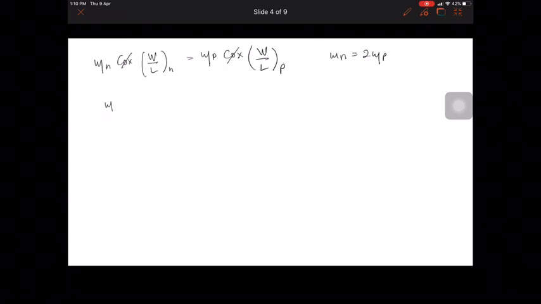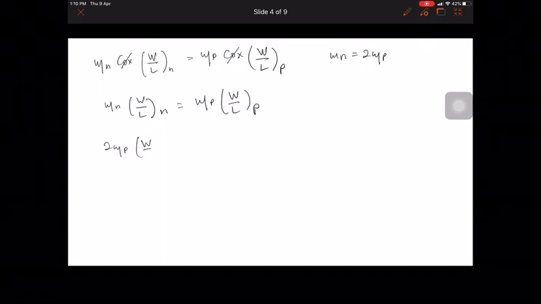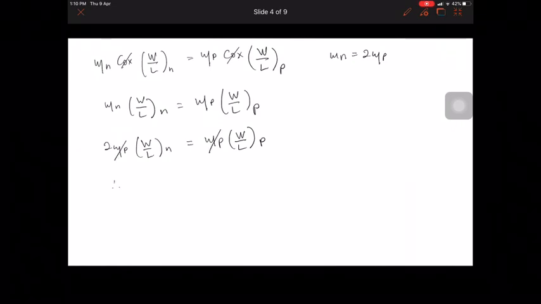We are left with mu n W over L n equals mu P W over L P. Now we can substitute mu n equals 2 mu P. So 2 mu P W over L n equals mu P W over L P. Now cancel, and therefore the W over L of P equals 2 times the W over L of n.